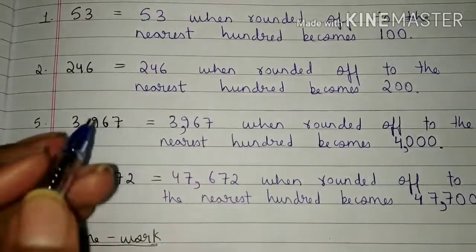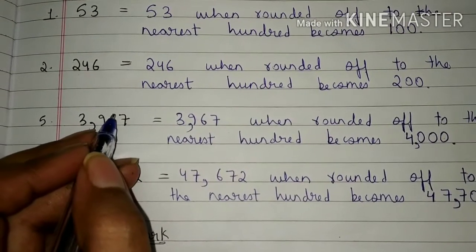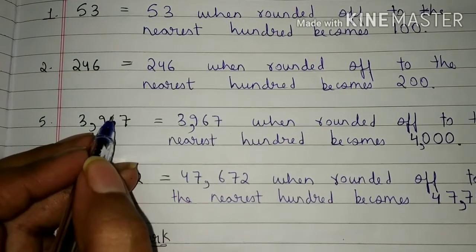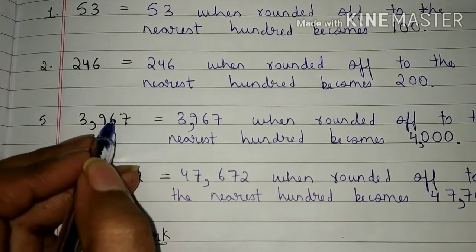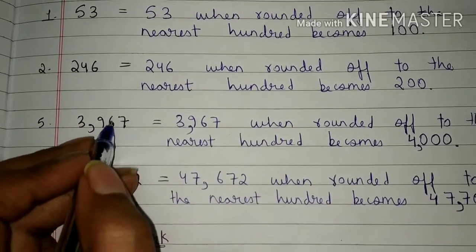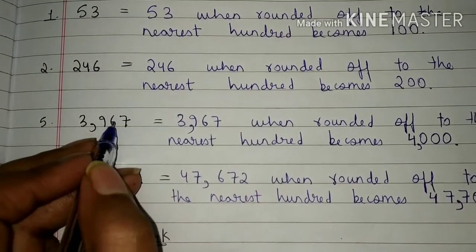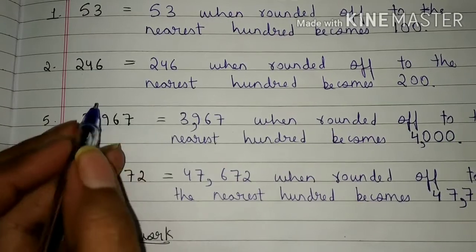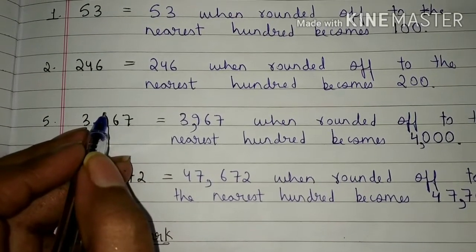Students, because here in the tens place digit is 6, it means it is greater than 5. So you will add 1 to the digit in the hundred place.